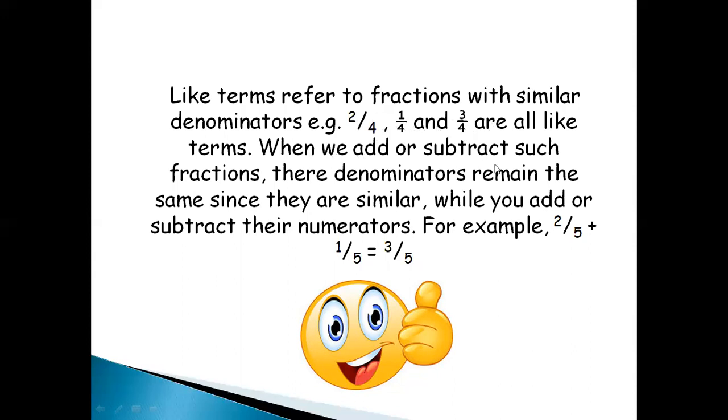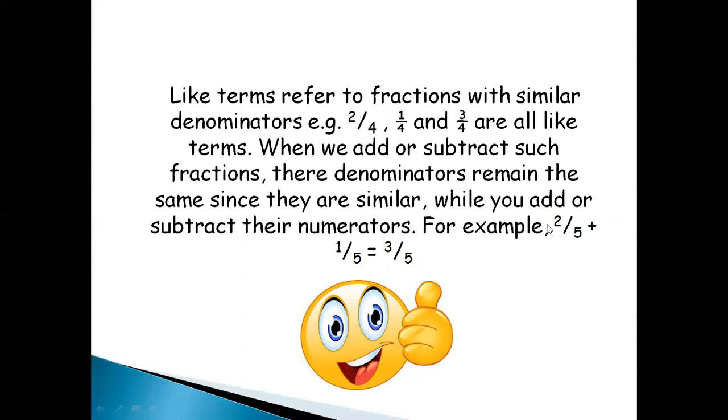So when we add or subtract this kind of fraction, I mean like fractions, their denominator remains the same because they are similar. All you need to do is just add their numerators, add the numbers on top, while the number down will remain unchanged. Just leave it as it is.